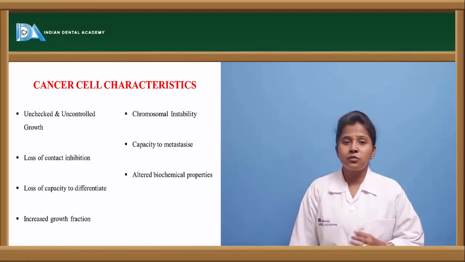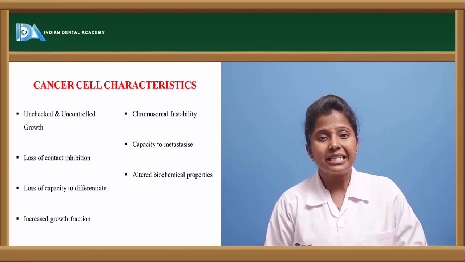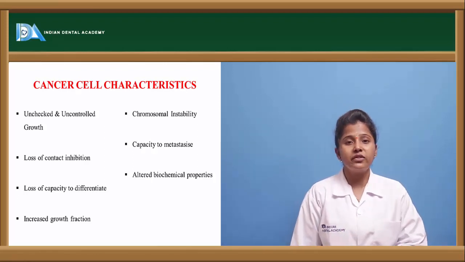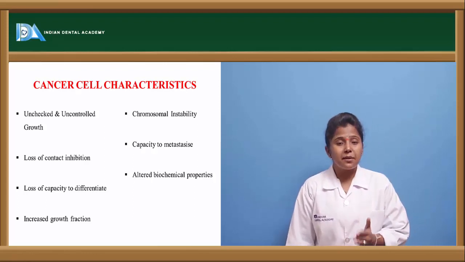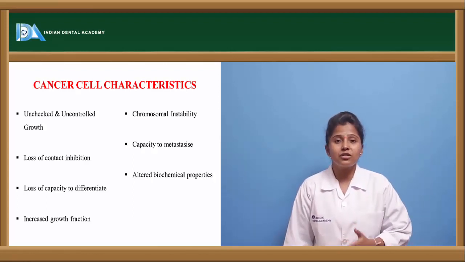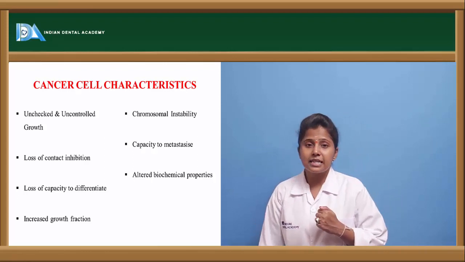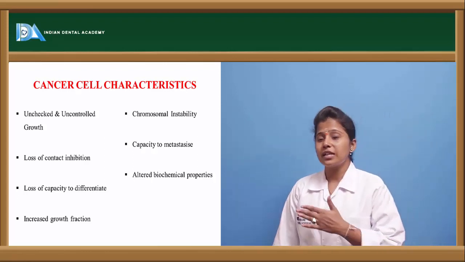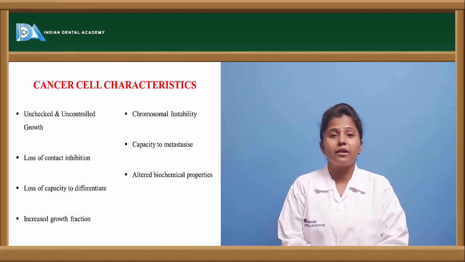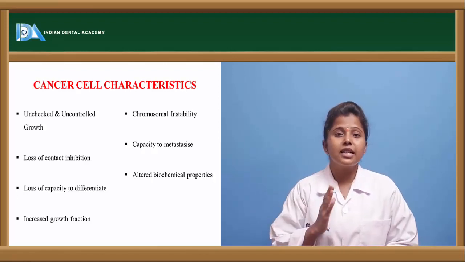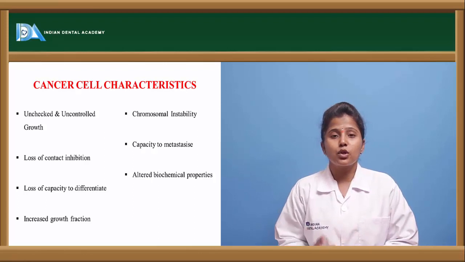And chromosomal instability. In human beings, we have 23 pairs of chromosomes in a cell. These chromosomes are stable in a human being; they are not changed. But in the cancer cell, the chromosomes are unstable. The chromosome pair number is not 23 pairs.